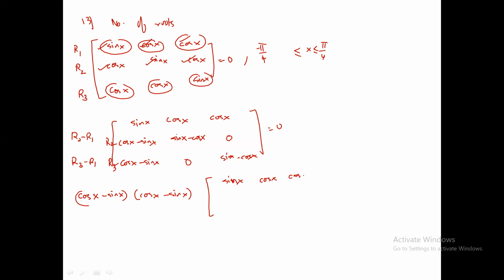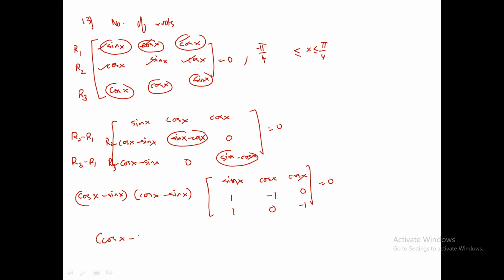It remains the same. Here when I take cos x minus sin x common from row 2, 1 and here it will be minus 1. Then here see. From row 3 also I am taking cos x minus sin x. Good. So here 1, here 0, but here it will be minus 1 equal to 0.